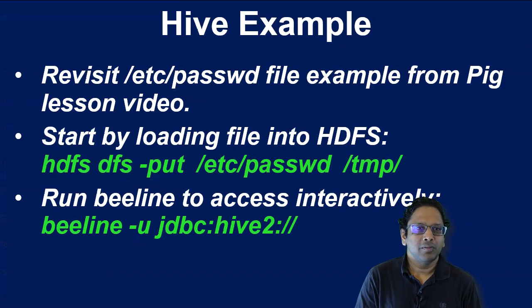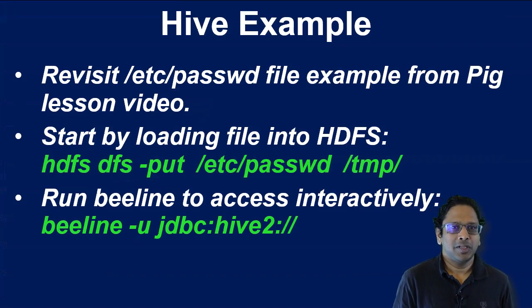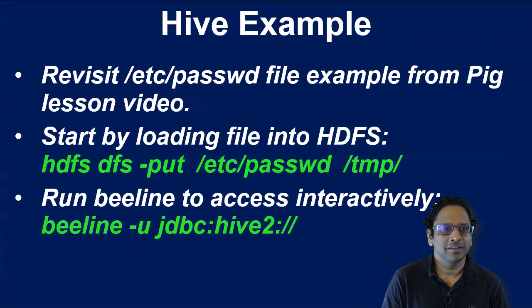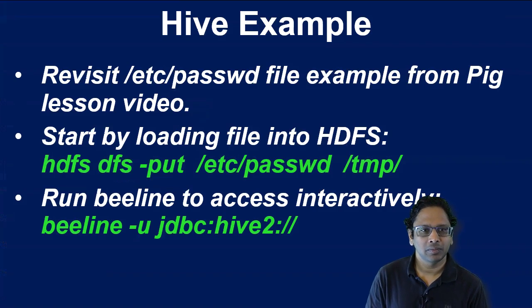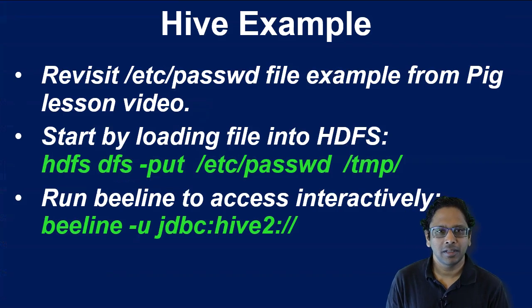So for our example, what we'll do is go back to our password file example from Pig and try to do this using Hive essentially. So we again start by loading the file into HDFS, and as I mentioned, the command is hdfs dfs -put /etc/passwd, and this time we're going to stick it in the /tmp directory.